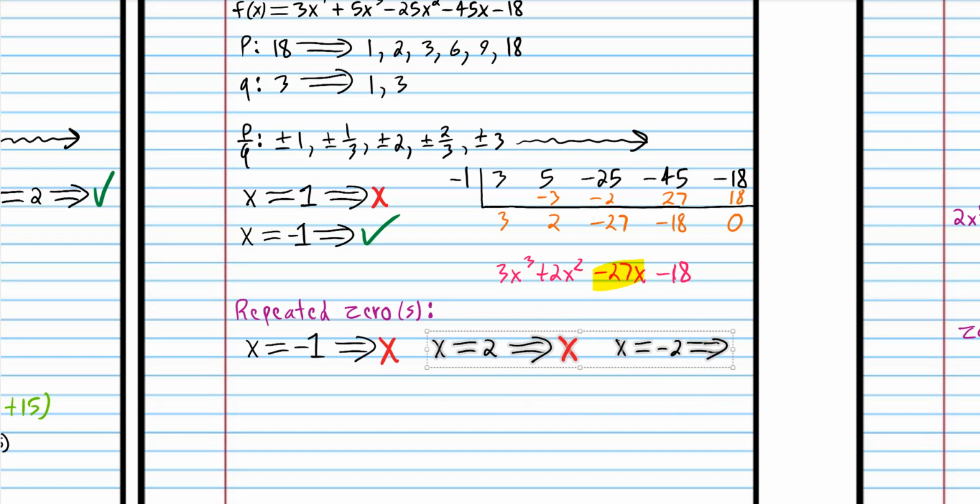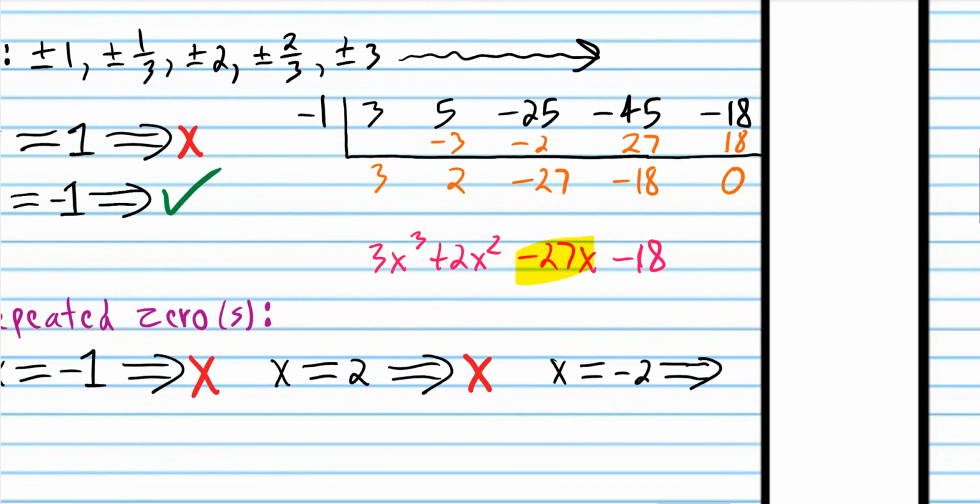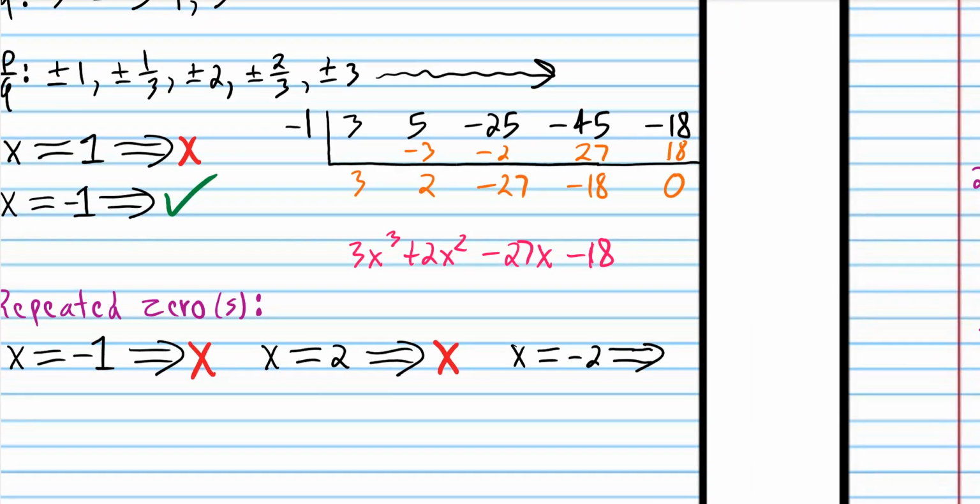Okay, we're back. So if you plug in -2, we get -24 plus 8 is -16 plus 54.